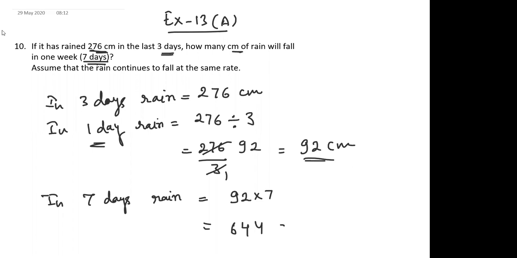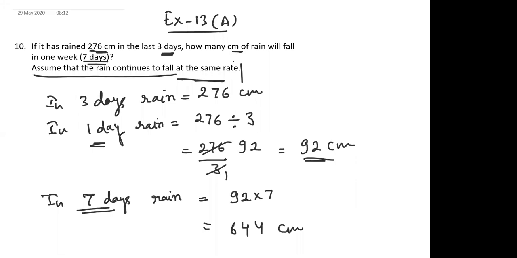So 644 centimeters. Is it clear? This is the rain in 7 days, assuming that rain continues to fall at the same rate. Okay, so this question is done.